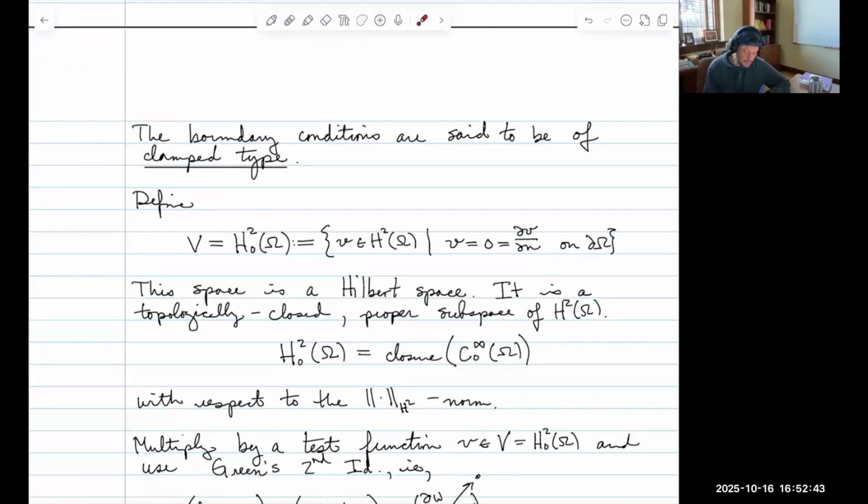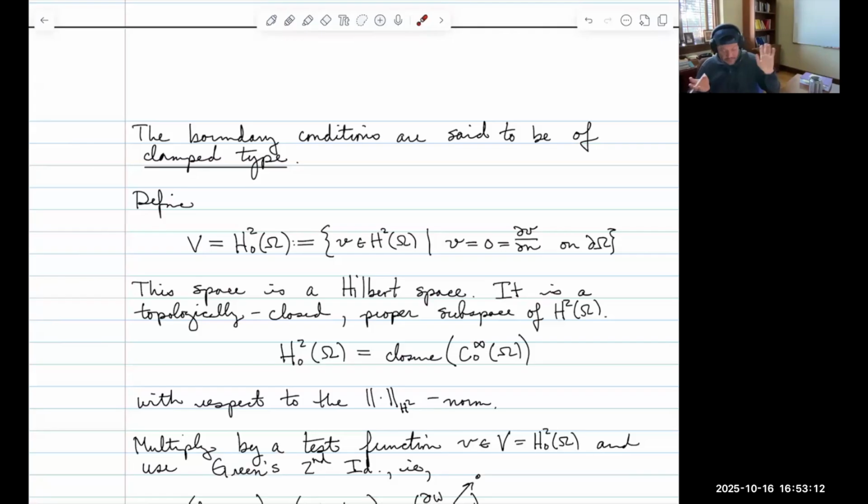It's some subspace of H2. And by H2, we remember what that means. H2 is the Sobolev space of all functions that are twice weakly differentiable and all of whose partial derivatives up to and including the second order are L2 functions.